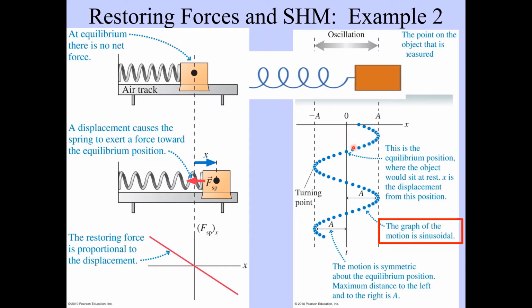If you take a lot of points, about 100 data points here, notice the data points trace out a perfect sine or cosine function. So this is, again, one of the trademarks of simple harmonic motion: this sinusoidal motion that looks like a sine or cosine function.